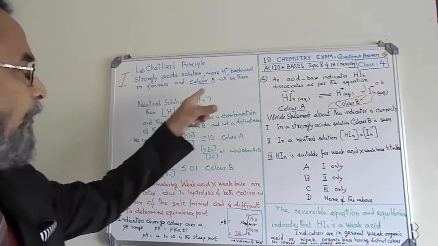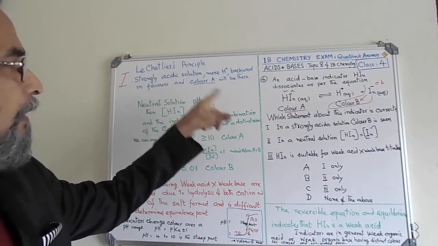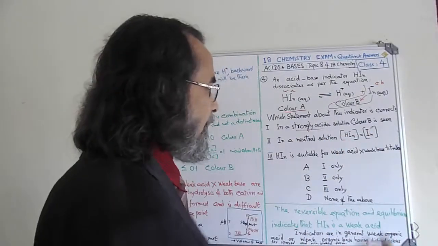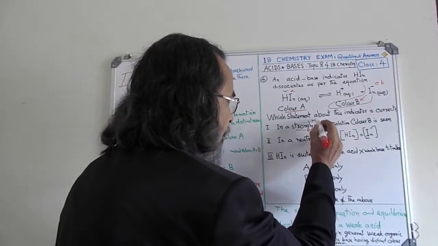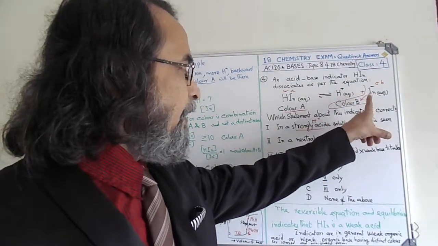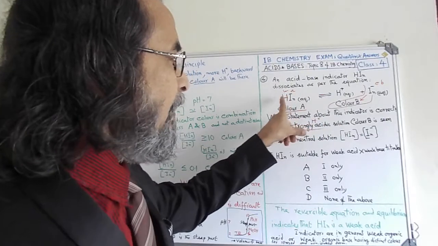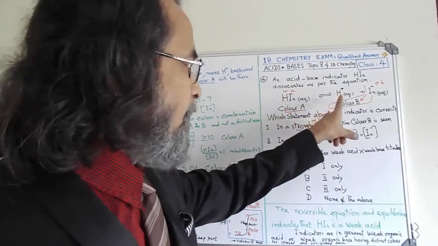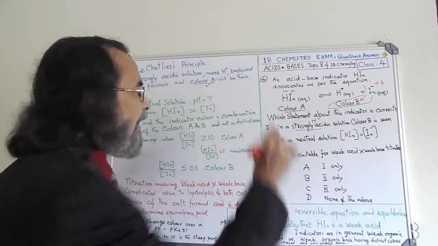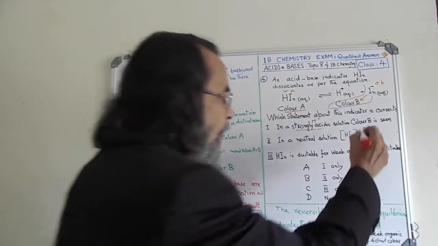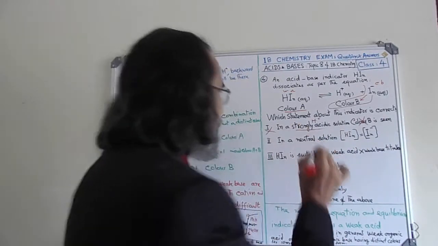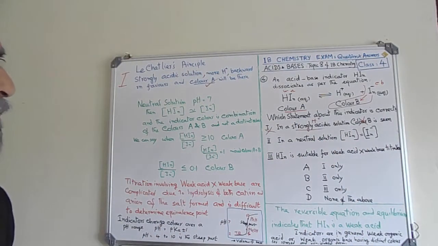According to this equation and Le Chatelier's principle, in a strongly acidic medium, that means if you are adding more H+, the system will go to the left side. More and more H+ will be united, and color A will be developed and no color B is formed. So this statement is wrong.